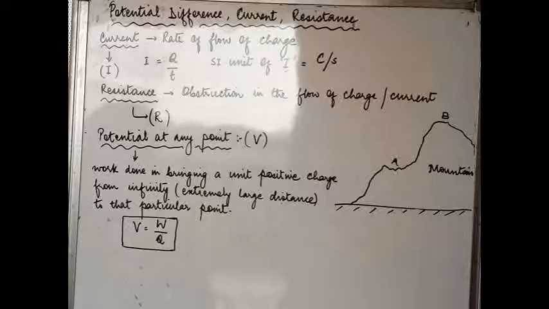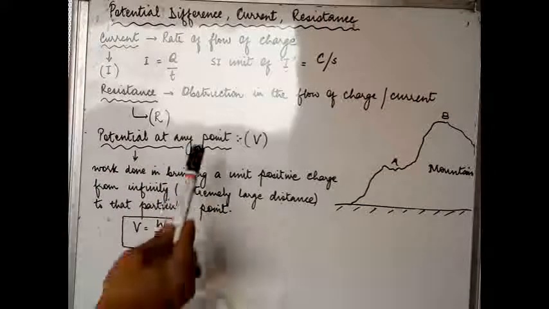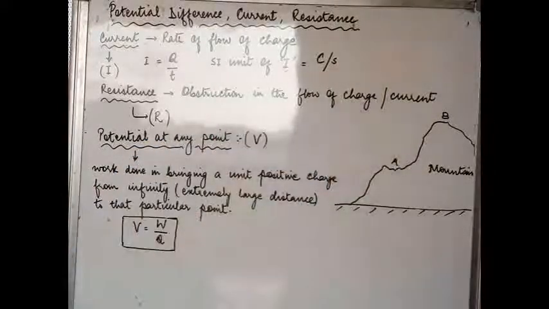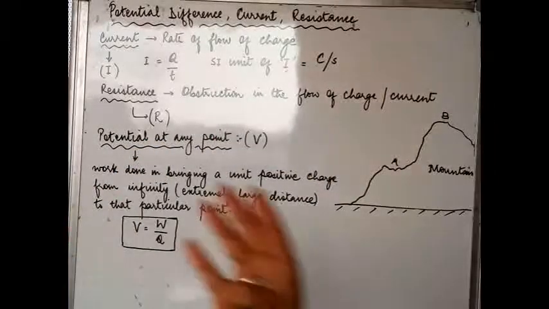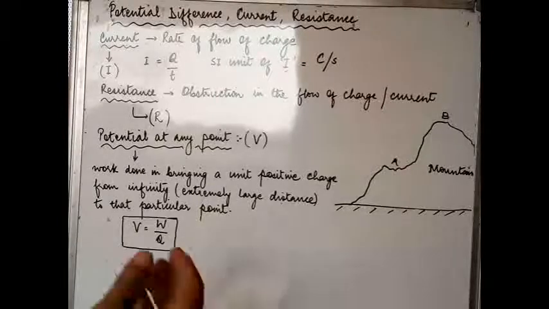Depending upon various factors, difference of material, difference of the kind of wire that you have chosen, difference of the temperatures in which the current is flowing through a particular wire, all these we will study in detail. So right now the basic idea of resistance is obstruction in the flow of current. More obstruction in the flow of current means more resistance, less obstruction means less resistance.